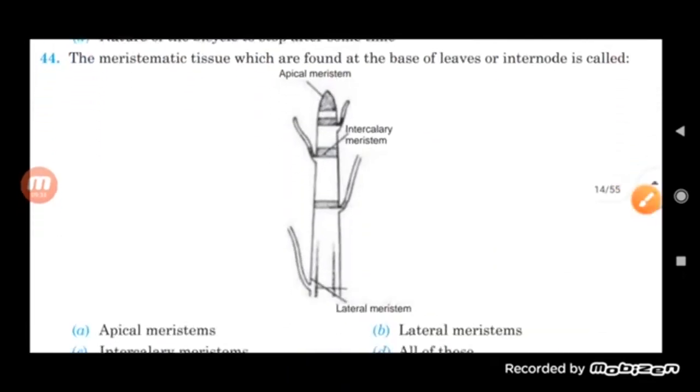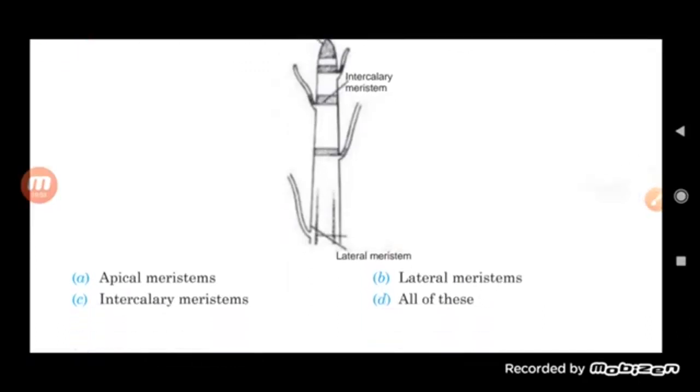Now see here, the next one: the meristematic tissue which is found at the base of leaves or internode is called. So basically it is the intercalary meristematic tissue that is found at the base and at the internode. Let us see the options given here.